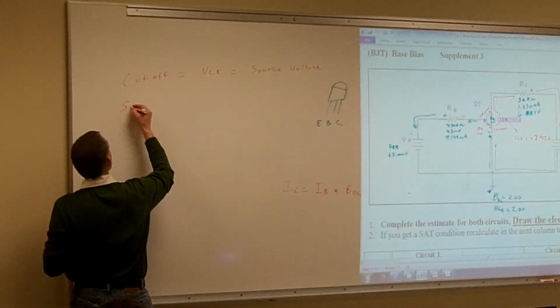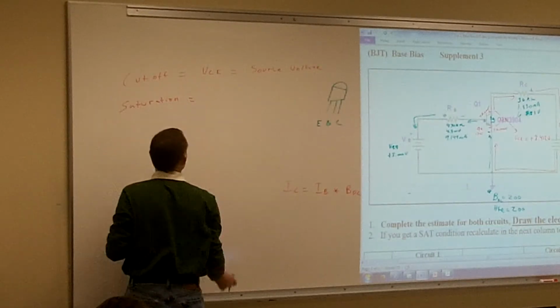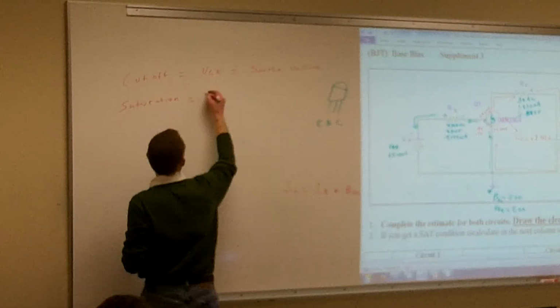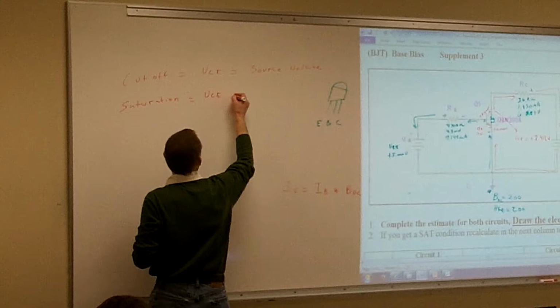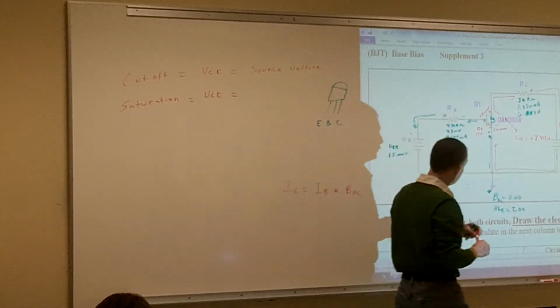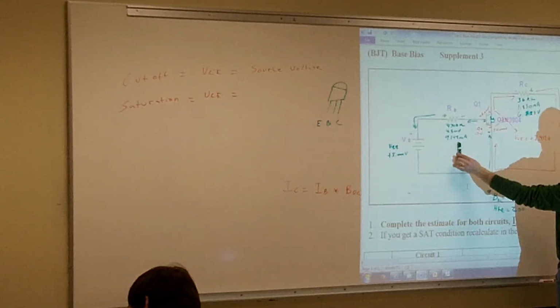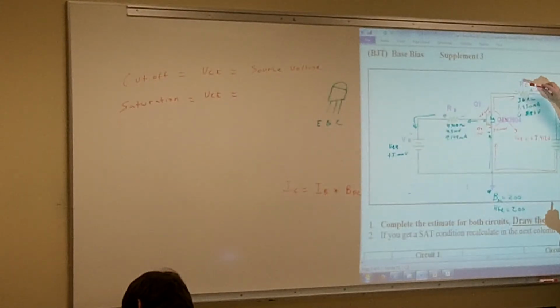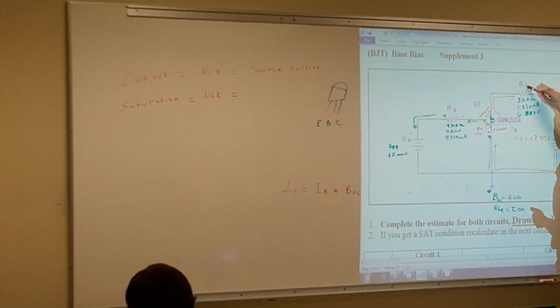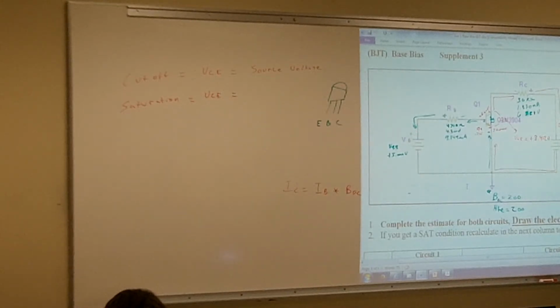Now saturation. Remember, RC is going to limit our amount of current that we can produce on our collector to emitter. That's going to determine what our current is.